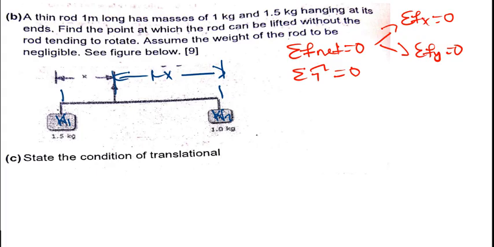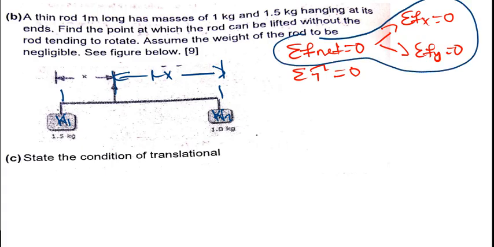So if you have been given a question which involves angles only and there is no distance, then you are going to use the first condition to find the missing variables. The net force is equal to 0.